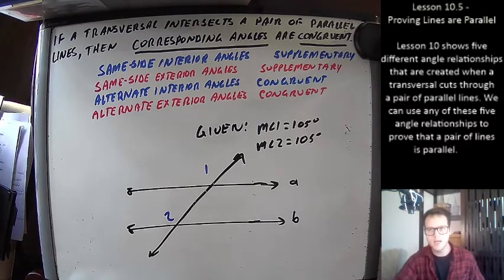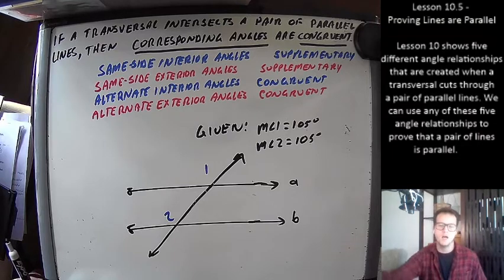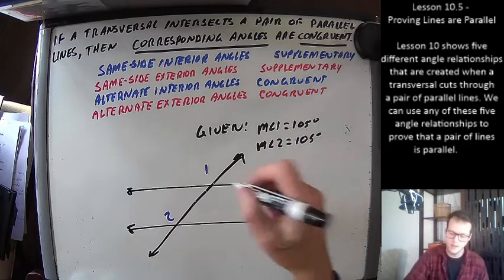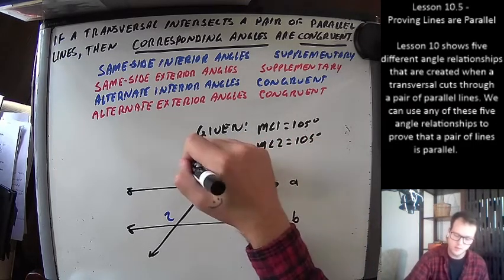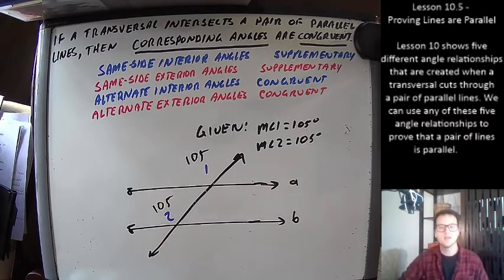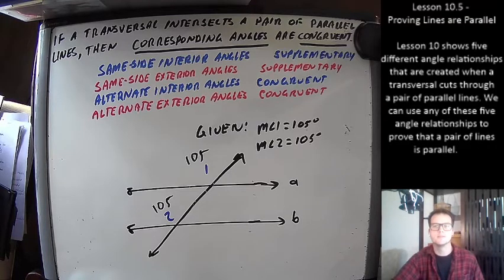Well, you could absolutely do that. We know that angle 1 and 2 are corresponding angles. We established that a few minutes ago, and if angle 1 is 105 degrees and angle 2 is 105 degrees, we can then determine that these are indeed parallel lines.